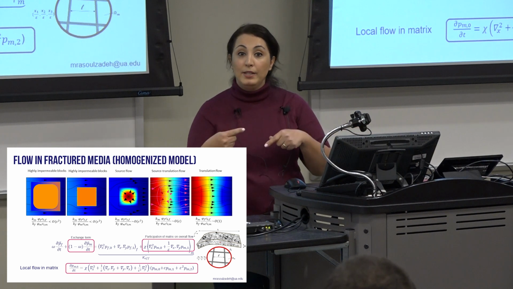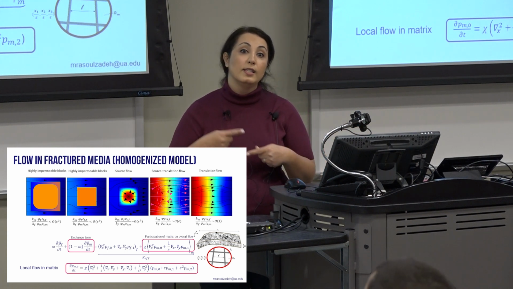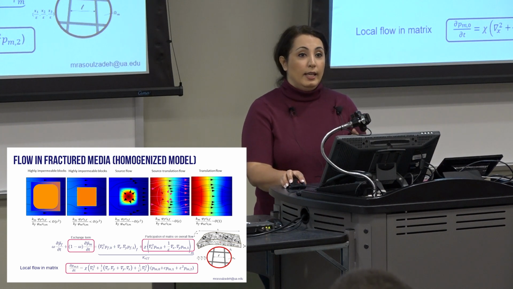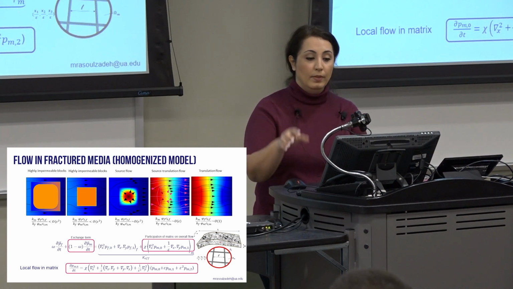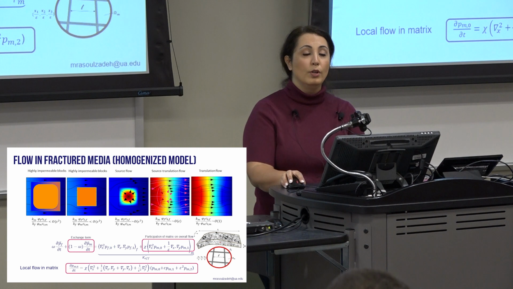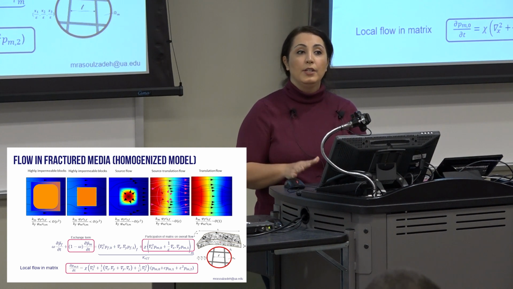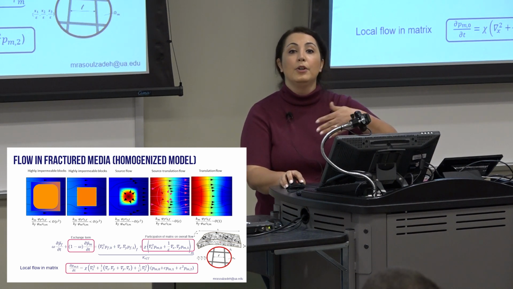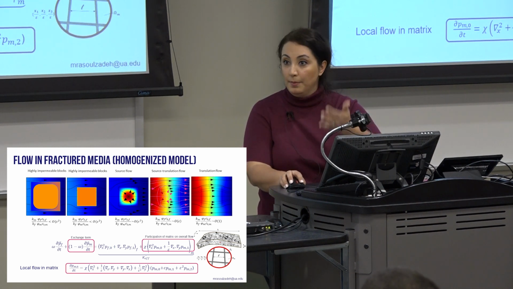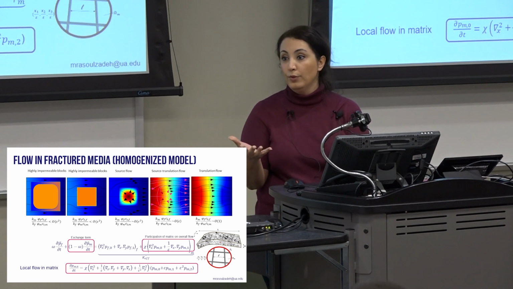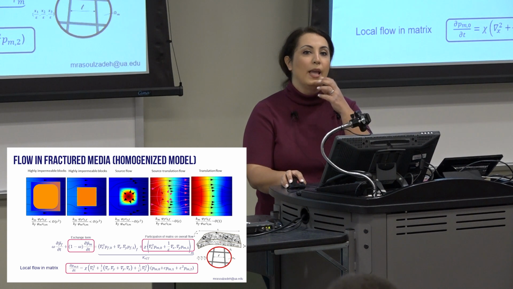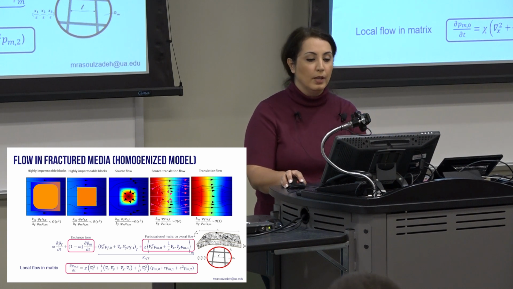In order to have matrices in the flow process, I need the matrices to have better permeability. The case where this ratio is of order of magnitude epsilon squared is the case where matrix does not contribute to the flow, so does not make any part of the medium permeability, but it provides fluid to the fractures. That is called a source media, or it behaves like a source to the fractures.